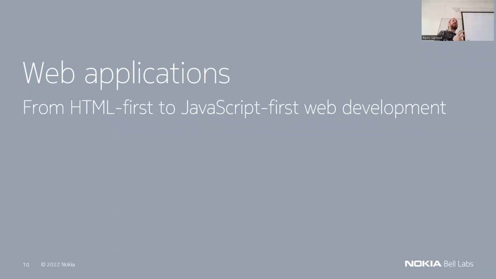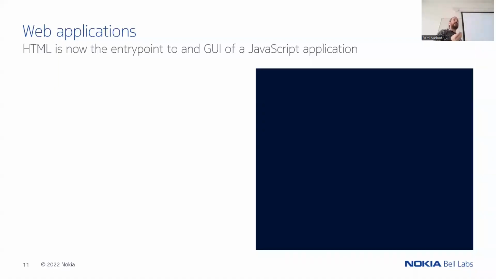Web applications were no longer about writing HTML and then modifying that HTML. We went away from that and went to writing JavaScript and then using the HTML as the entry point for that JavaScript. The JavaScript is now at the core of our web page, and the HTML is simply the graphic user interface in a sense.